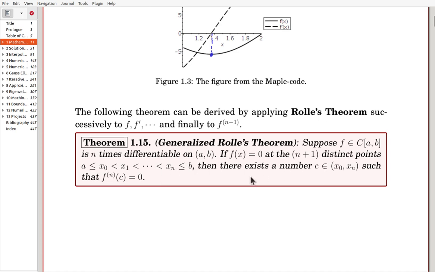Then there exists a number c such that the nth derivative of f at c equals 0. In this course of numerical analysis, there is no problem using this generalized Rolle's theorem, but for some advanced numerical analysis, you may be using that theorem. That's the reason I included this generalized Rolle's theorem.